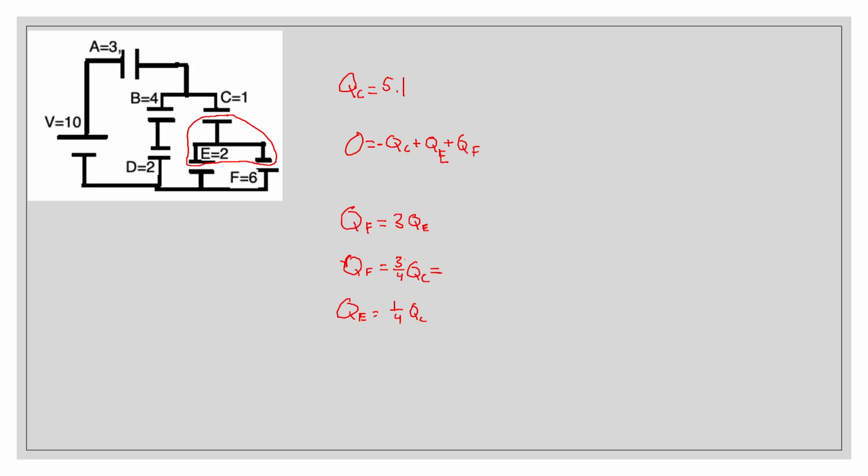This would end up being 3/4 of 5.1 would end up being 3.83, and 1/4 would be 1.28. And if you remember, we checked on the previous, we ended up solving for these two being what was it? 1.26 and 3.78. So we're pretty close. And again, it's just a question of rounding.